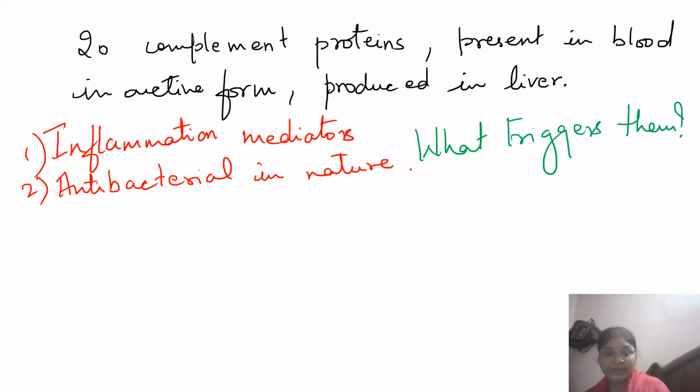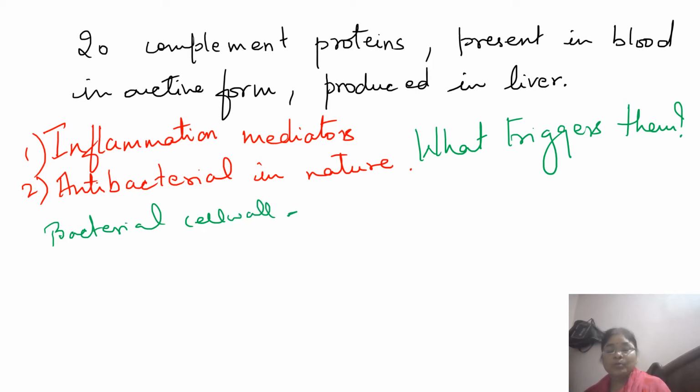Murein polysaccharide, and it is unique in nature, which is detected by these proteins, and it triggers them. Your immune system detects it and it triggers your complement system. So basically your bacterial cell wall triggers them.